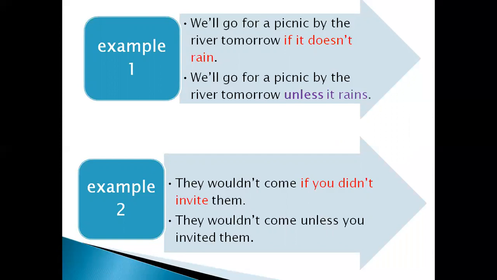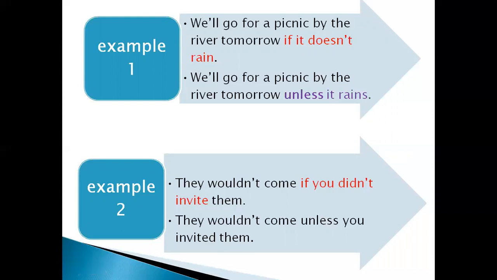With if not, we use the auxiliary verb does, and for sure the base form of the verb, the infinitive, after does. But when we want to use unless, we don't use the negative form, so we don't have an auxiliary verb. We use only the affirmative verb, which is rains. That's why we say unless it rains.